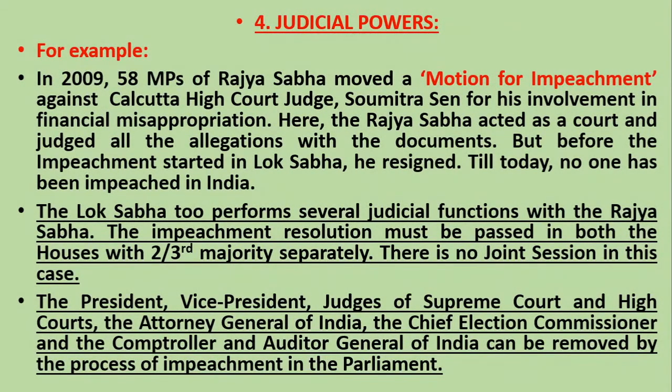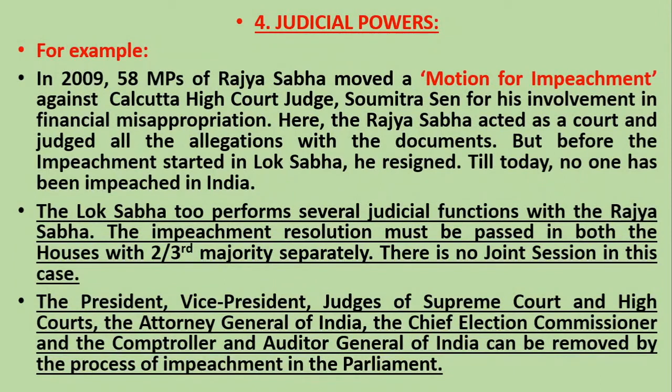You know that when the impeachment proceeding goes on, at that time the Union legislature, that is Lok Sabha and Rajya Sabha, works as a court. All the documents and proceedings are done there against the person against whom the impeachment process is going on.